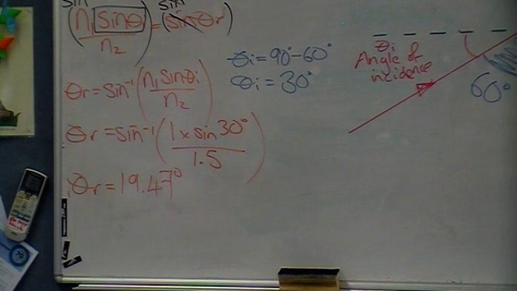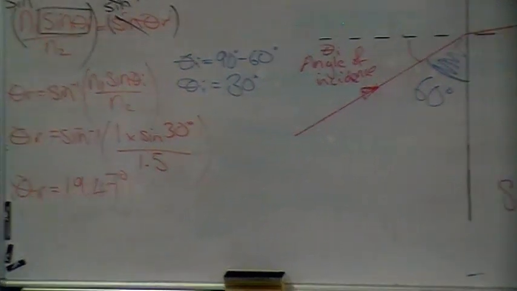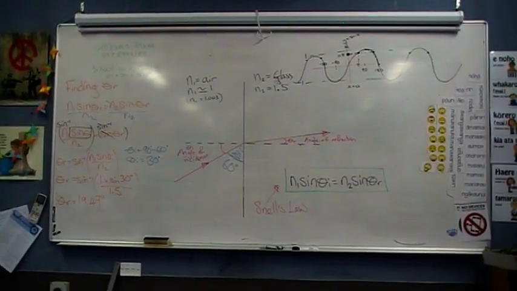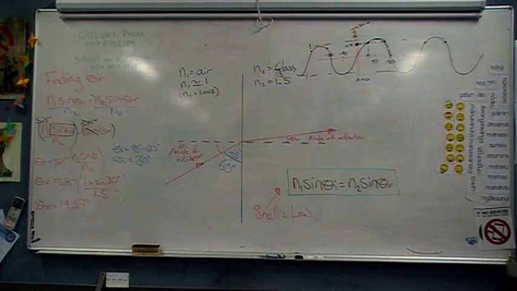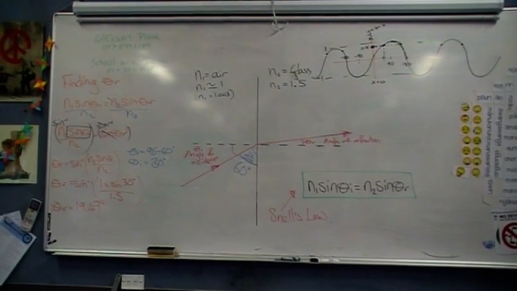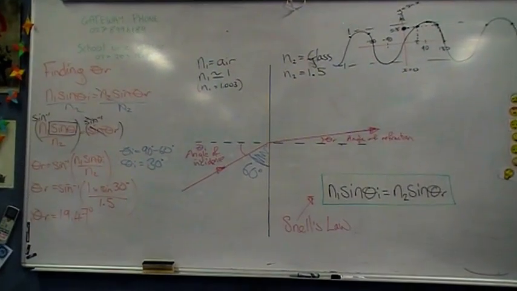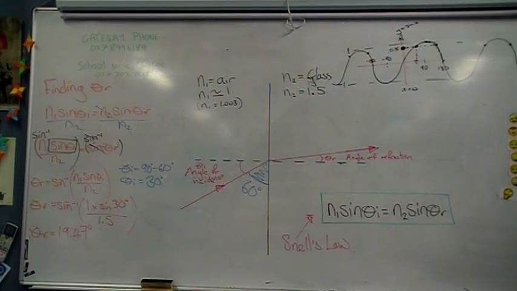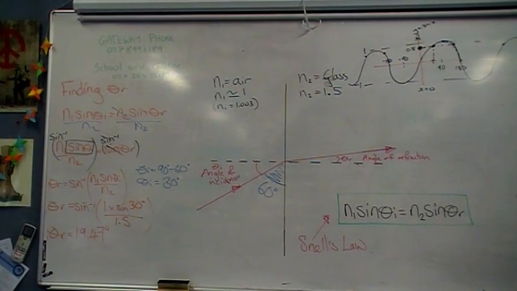You got refraction on this calculator. So I would put a double bracket rather than a single bracket, or two double brackets. Then I can bracket that. How do you do it? Times by sine 30, divided by 1.5.